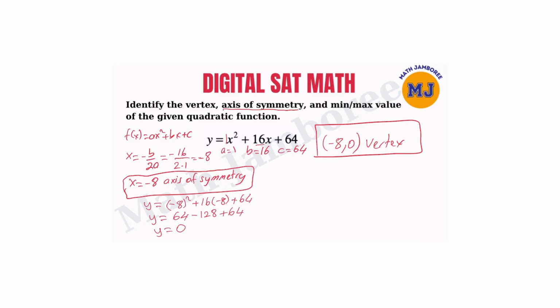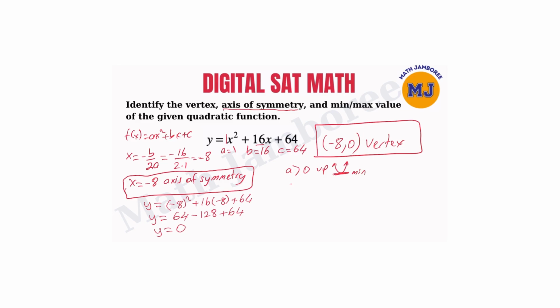So for a minimum and maximum value, if a is greater than 0, the arms of the graph open upwards. That means you will have a graph like this. This point is the vertex. This is a minimum.